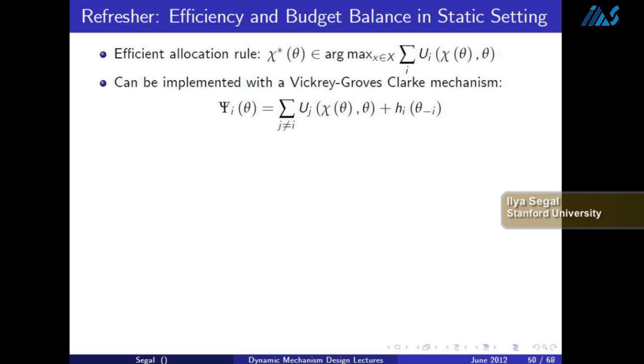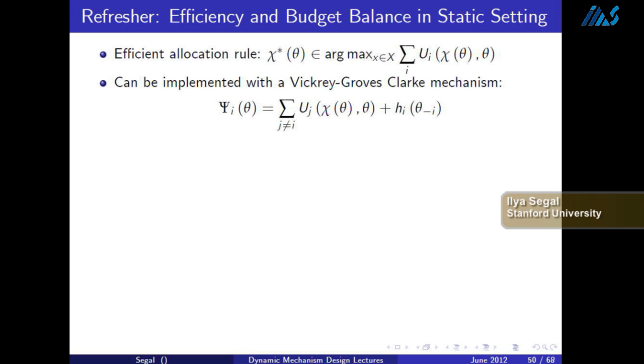Okay, and this is implemented by the famous Vickrey-Clarke-Groves mechanism, where psi_i is the payment that you give to agent i. This is the sum of the utilities of the other agents, plus some other term h_i that does not depend on agent i's report. So this term, of course, does not affect the incentives of agent i. The idea is a sort of Pigouvian taxation idea: if you make agent i internalize the externalities he imposes on the other agents, he will report truthfully.